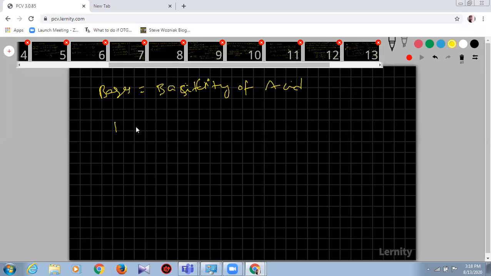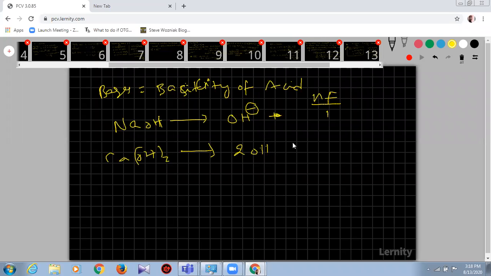I will take NaOH. From this, how many OH would be released? 1 OH minus. That's why the n factor here is 1. Now calcium hydroxide. From this, 2 OH minus would be released. That's why the n factor is 2 here. Aluminum hydroxide.